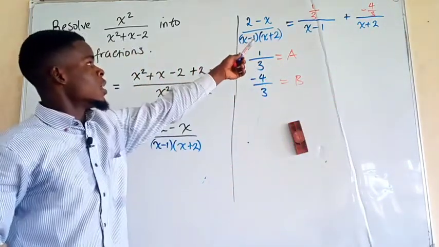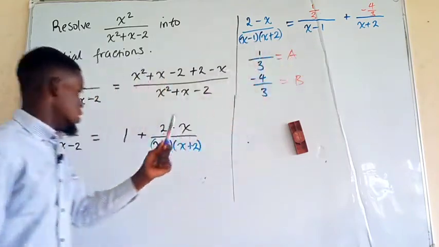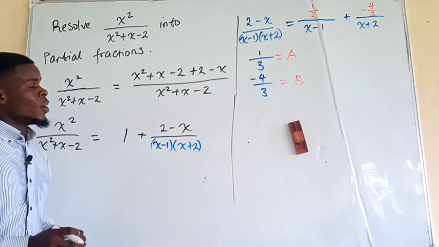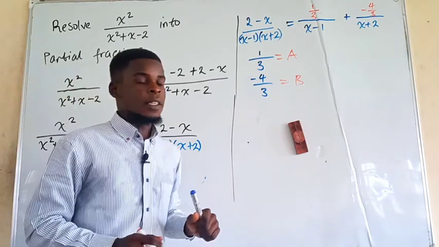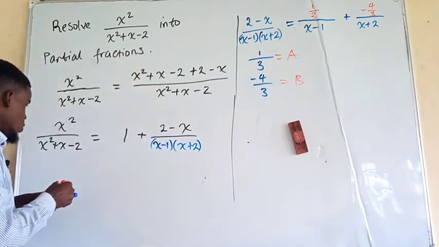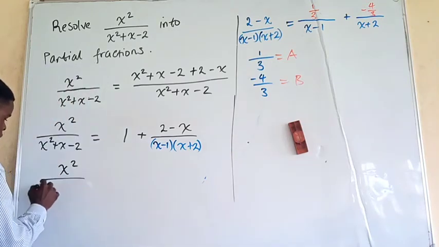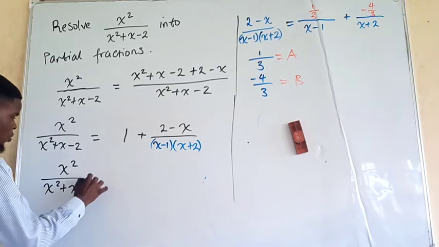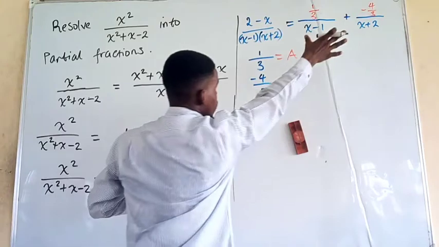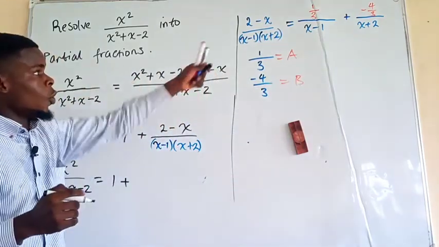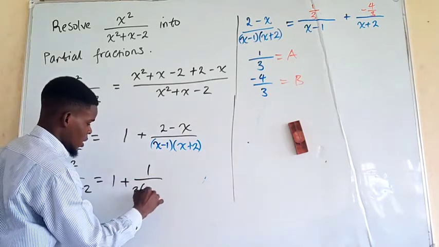So that is it for this other fraction. We need to replace this with that in this place, because they are the same. I can write that in a very nice form. Let's rewrite this as the main thing minus 2, which is equal to 1 plus the whole of this, which is 1 over 3 divided by x minus 1, the same thing as 1 over 3 times x minus 1.